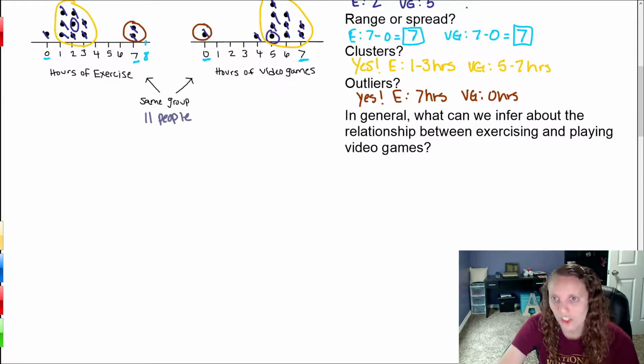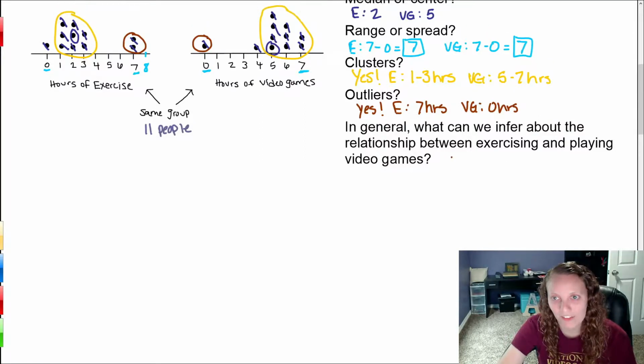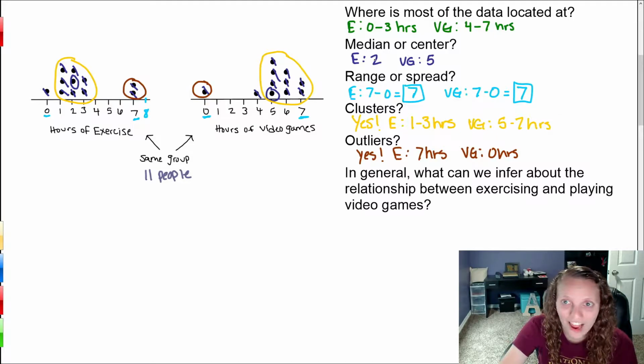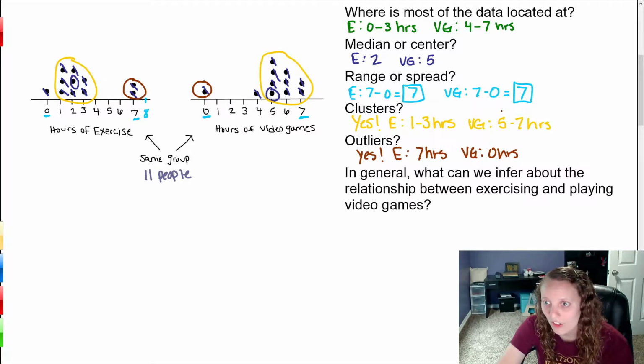In general, based on all of this data that we gathered, what can we infer about the relationship between exercising and playing video games? Well, I'm noticing that the exercising numbers tend to be lower, like 0 to 3, 2, 1 to 3 hours, than video games, where video games was 4 to 7 hours, median 5 compared to 2. 5 to 7 hours compared to 1 to 3 hours.